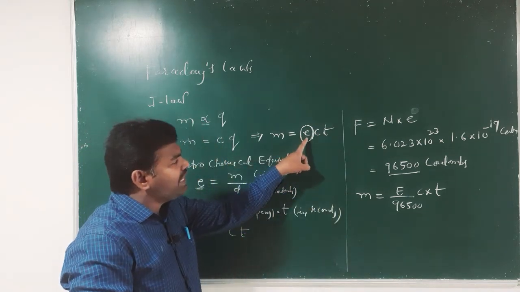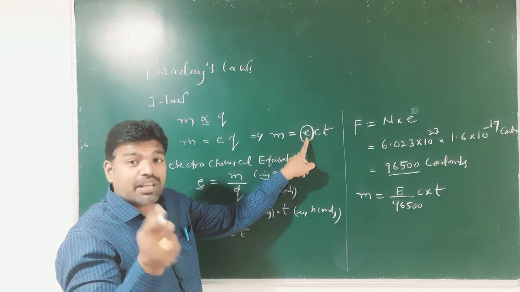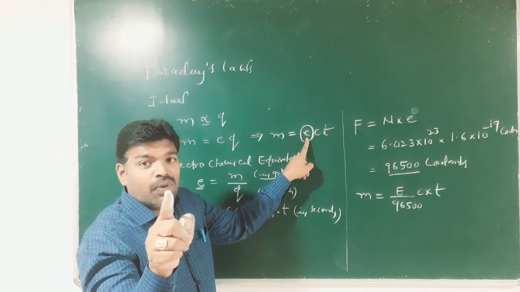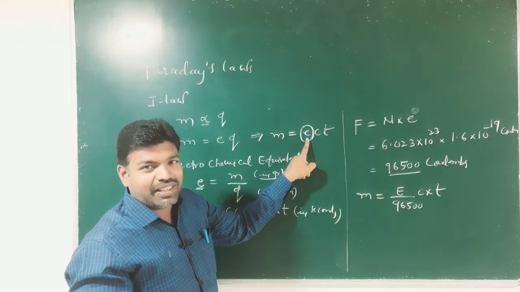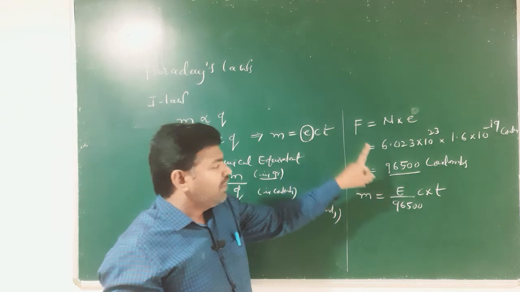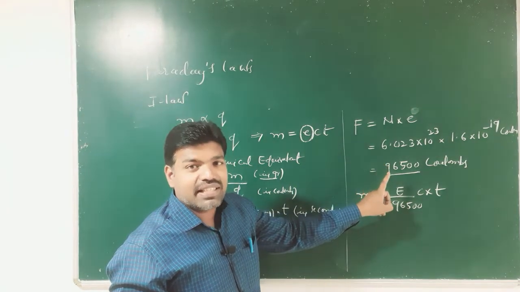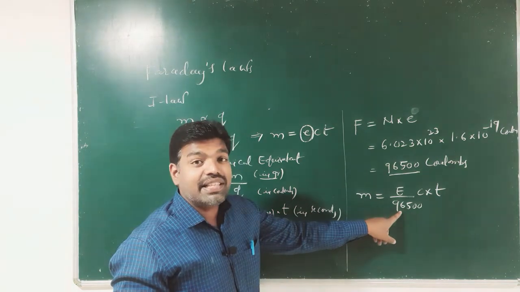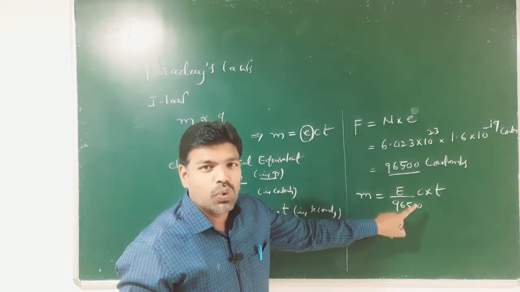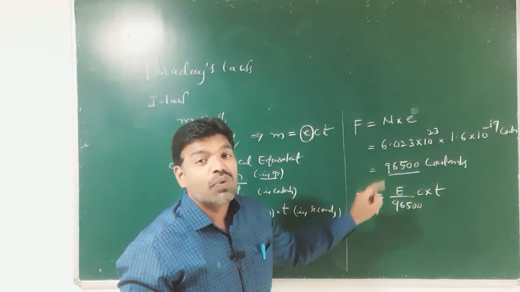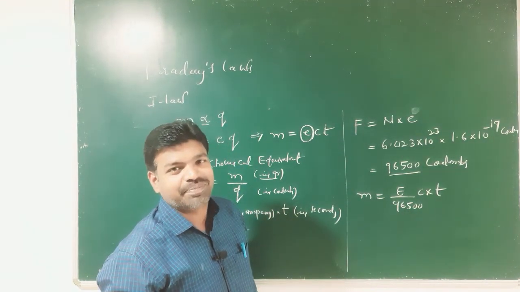Electrochemical equivalent is the mass of substance in grams for the passage of 1 coulomb of electricity, but chemical equivalent is the amount of substance deposited for the passage of 96,500 coulombs. If we pass 96,500 coulombs, we get 1 mole of substance.